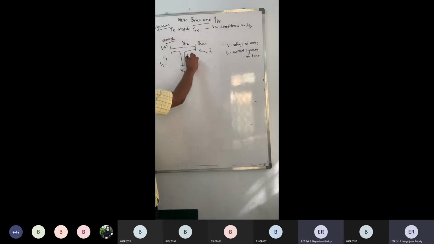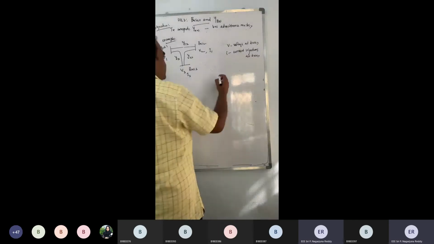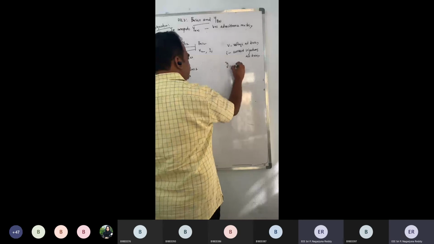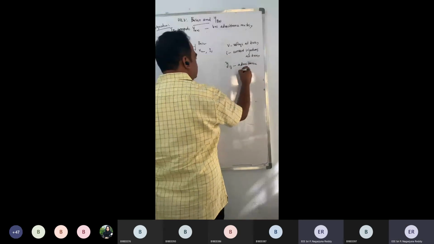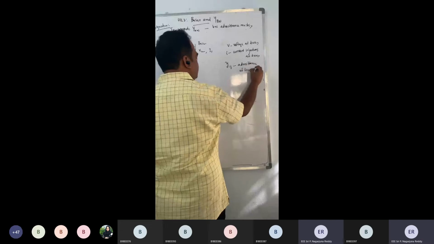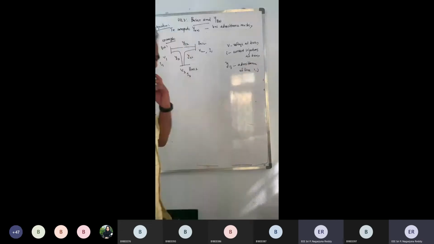And this is Y23 and this is Y13. Now these are the self-admittances of the elements. This Yij represents the admittance of the line connecting the buses i and j.